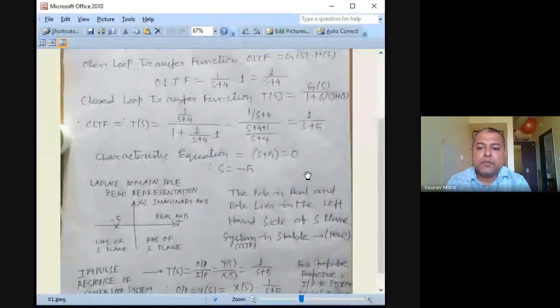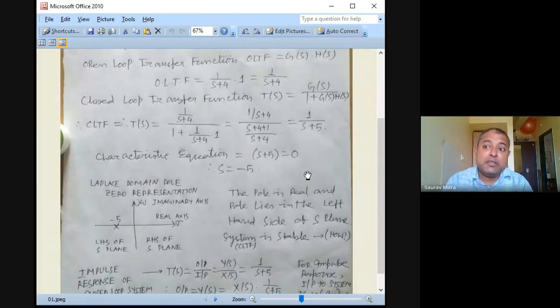Please respond. Okay, so what is the significance of a second order system, you could ask me? What is meant by a first order system? A first order system has only one energy storing element. So it can be either an RC circuit or an RL circuit, for 1 by S plus 5. I don't know which one, but there is only one energy storing element in a first order system.